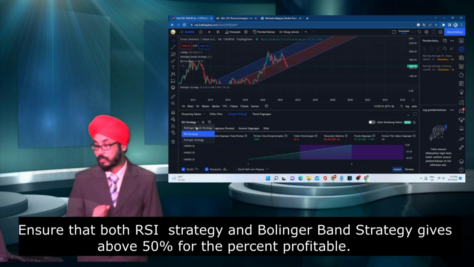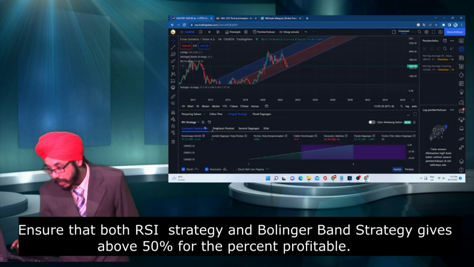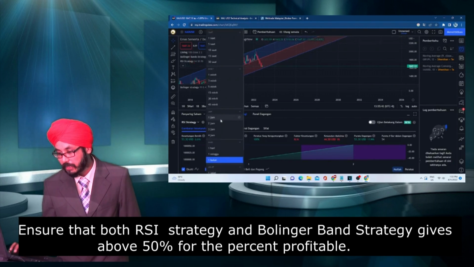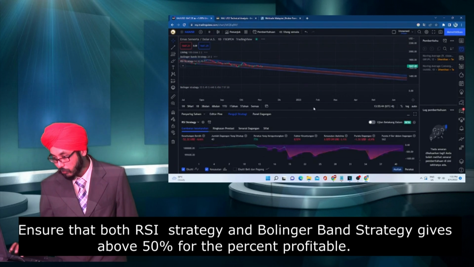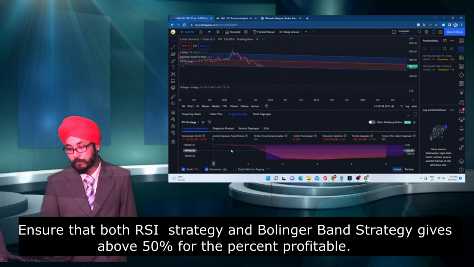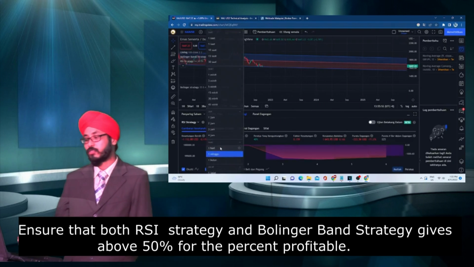If we look at the weekly, we have about 70%. And if we look at the monthly, we have about 40% based on the Bollinger Band strategy tester.